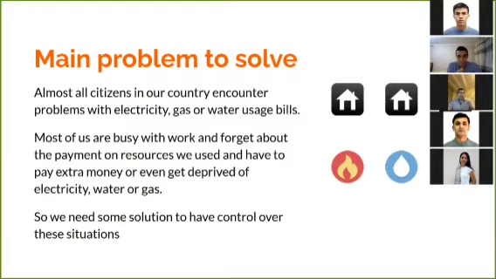Most of us are busy with work and forget about the payment for resources we use, and have to pay extra money or even get deprived of electricity, water, or gas. So we need some solution to have control over these situations.